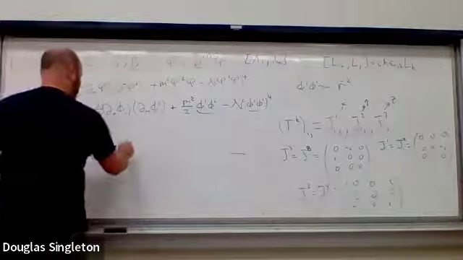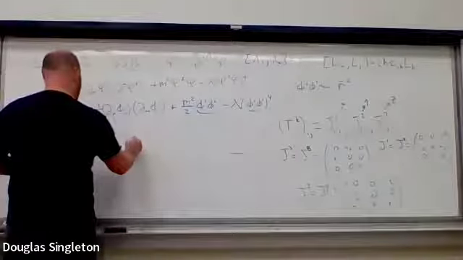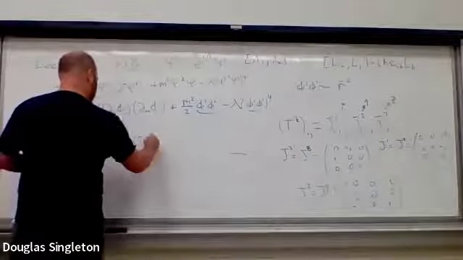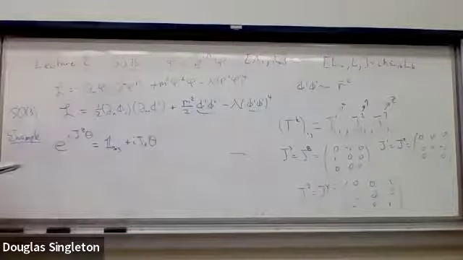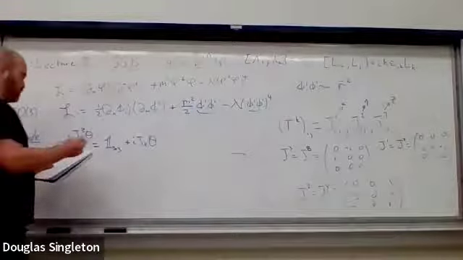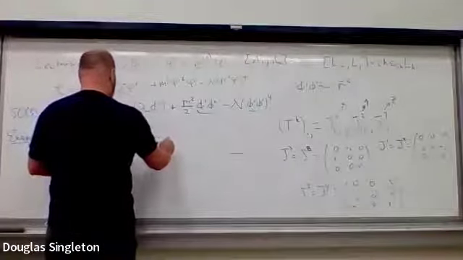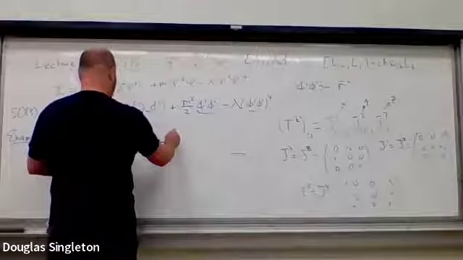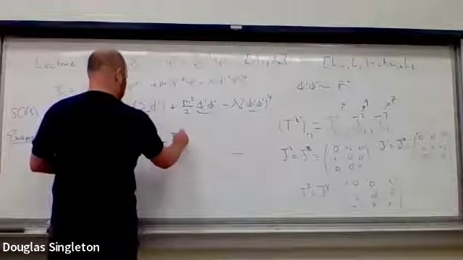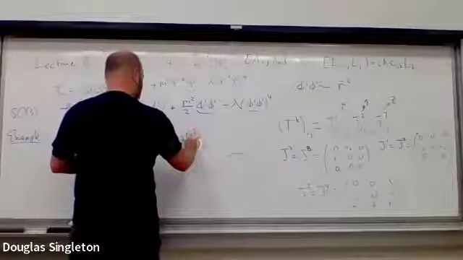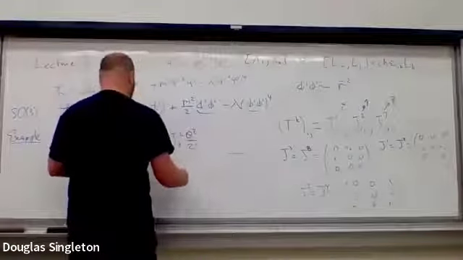Then the next term is basically this i J_z theta. Okay. And then the next term is minus J_z squared theta squared over 2 factorial.